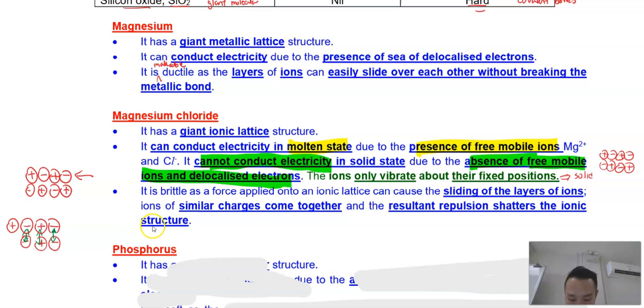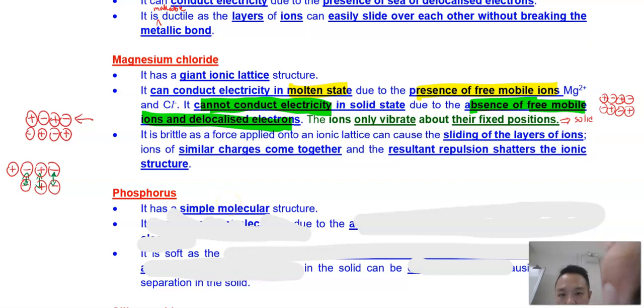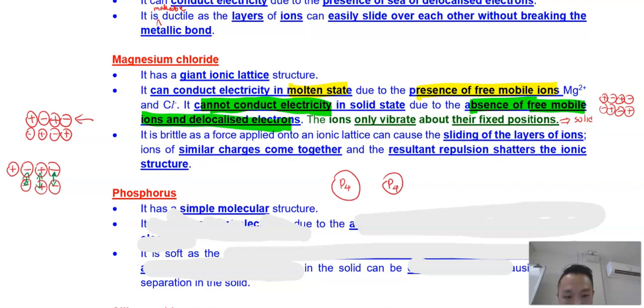Okay, moving on to phosphorus. For phosphorus, as I mentioned just now, simple molecular. Simple molecular means you have your P4 molecules. Within each P4 molecule, you have P bonded to P in a covalent bond. This is one P4.